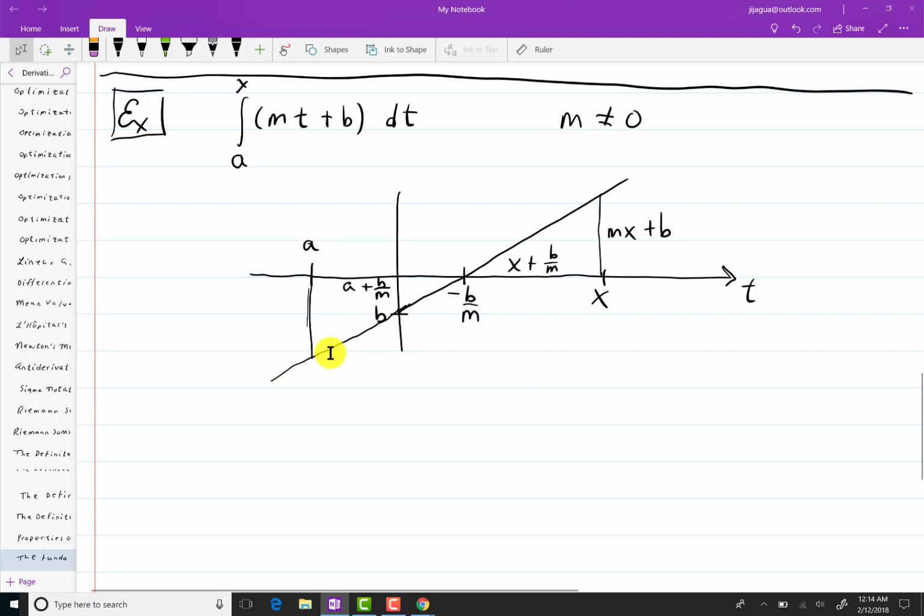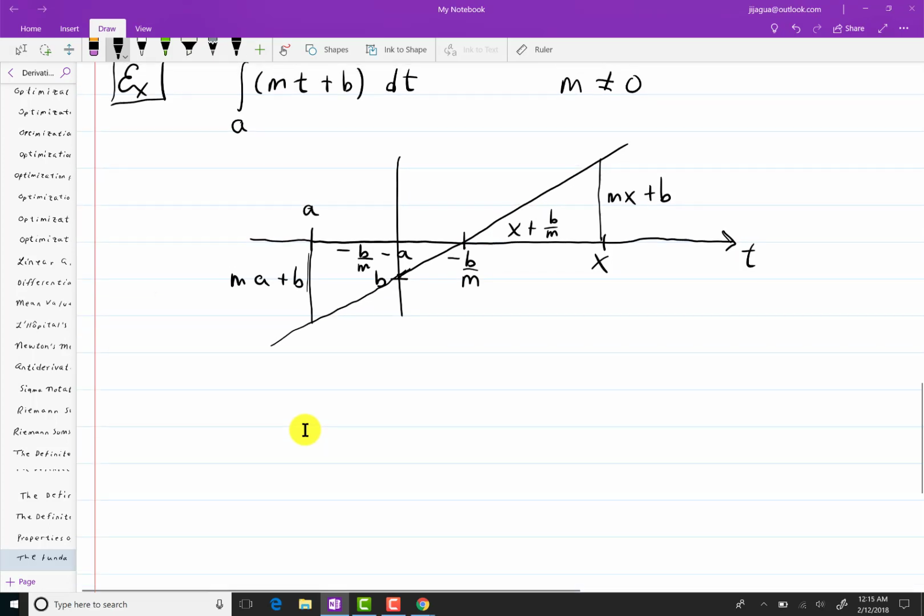Actually, I got it backwards. Okay, so the base, the length from here to here, would be negative b over m minus a. And the height of this thing would be ma plus b.